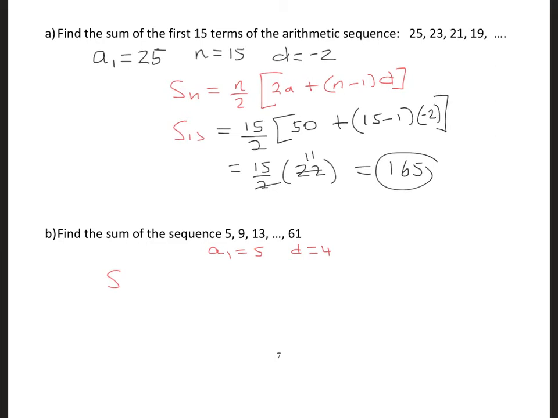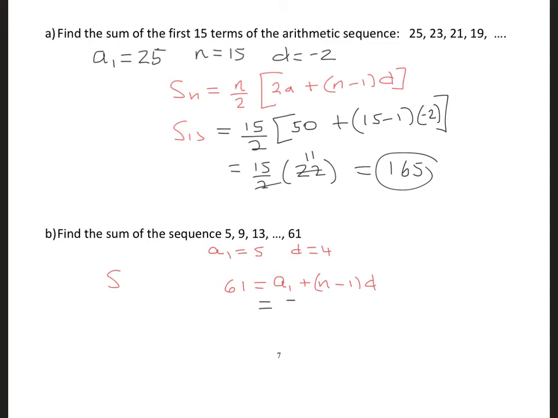To find the sum, I first need to find n, or how many terms to get to 61. I'm going to say 61 is equal to the first term plus n minus 1 times d, and then I'll plug in what I know so that I can find n.